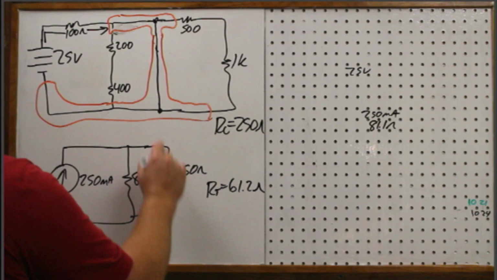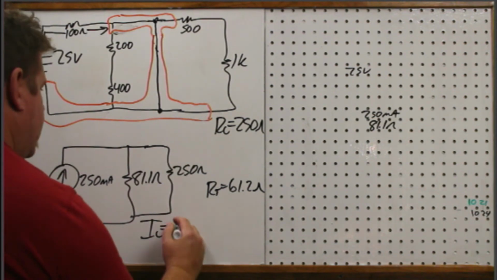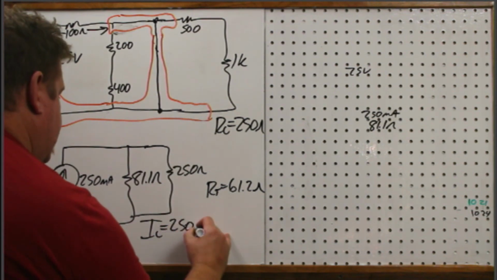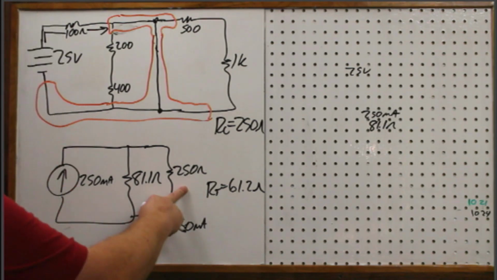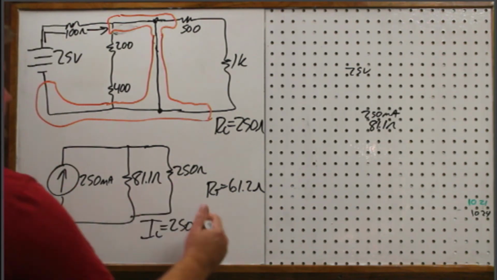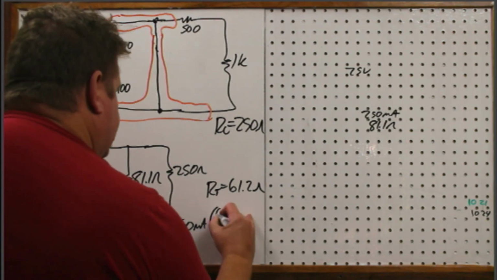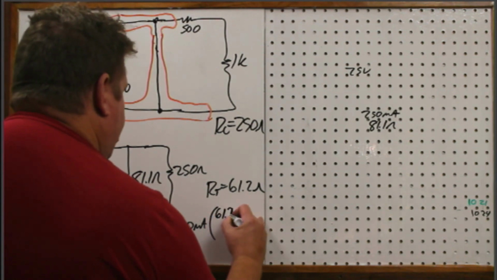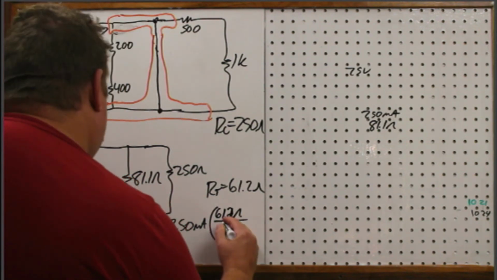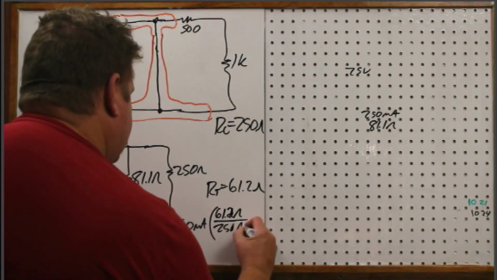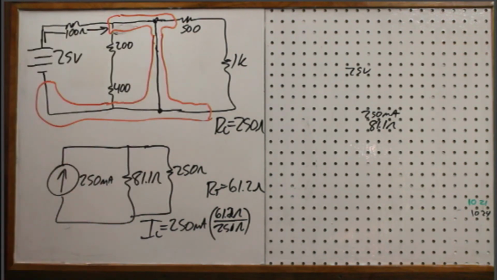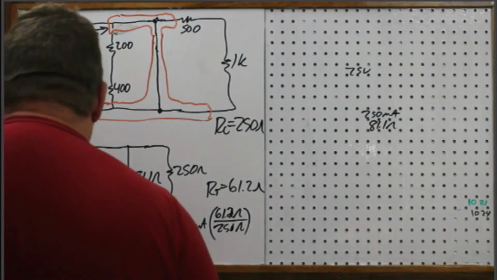So that means the current through the load is going to be 250 milliamps, and I expect this one to be smaller current than this, so it's going to be less than 125 milli for sure. And so 61.2 ohms divided by 250, 61.2 divided by 251, and I get 61.0.